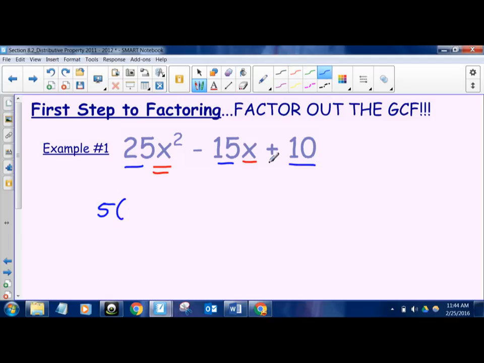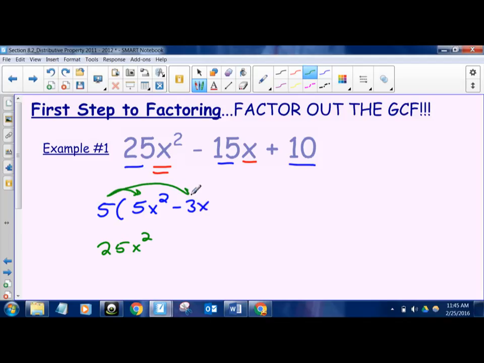Then we factor. So if you take 25x squared and you divide it by 5, 25 divided by 5 is 5, x squared. Let's double check as we go just to make sure this is looking good. If I do 5 times 5x squared, that's 25x squared. Hooray! Let's keep going. Negative 15x divided by 5 would be negative 3x. Double check my math here.